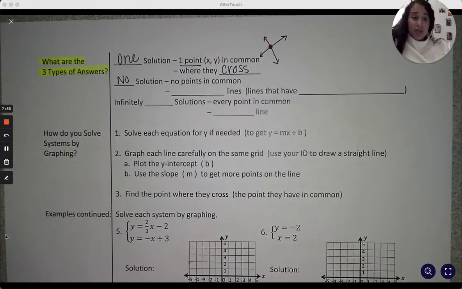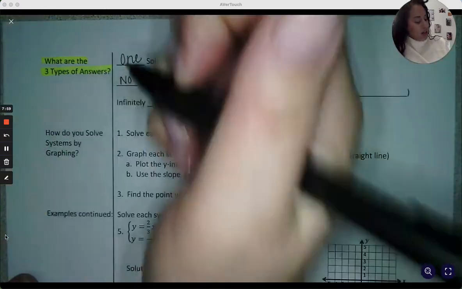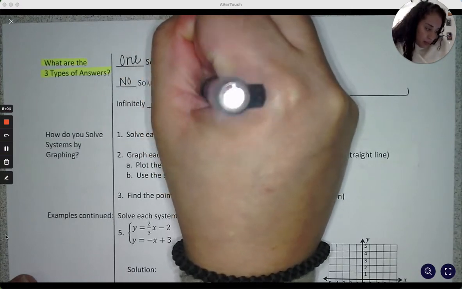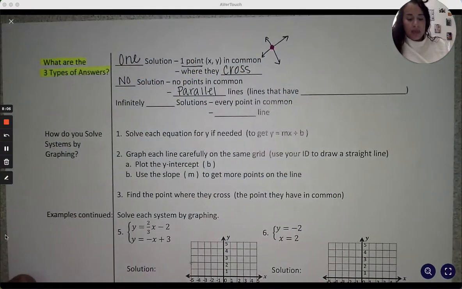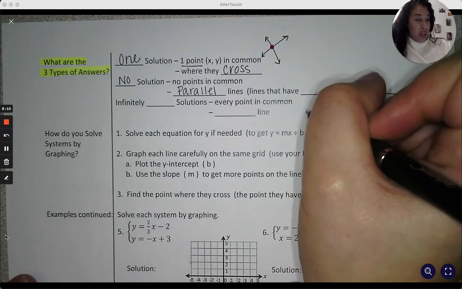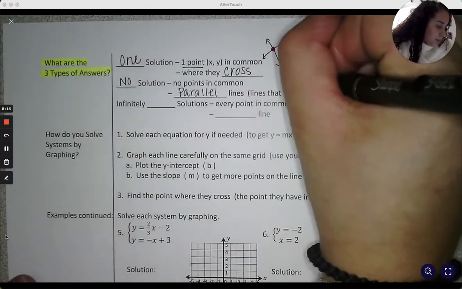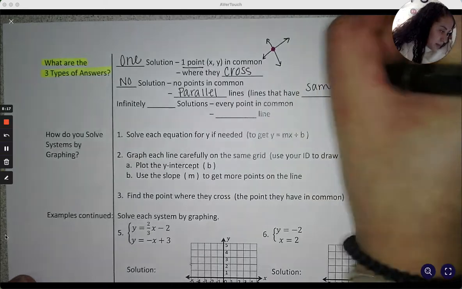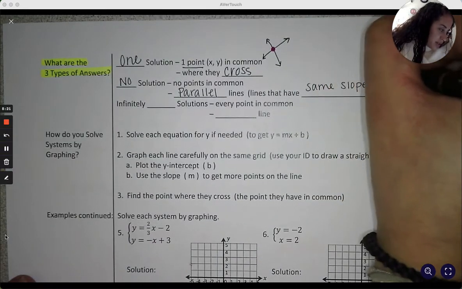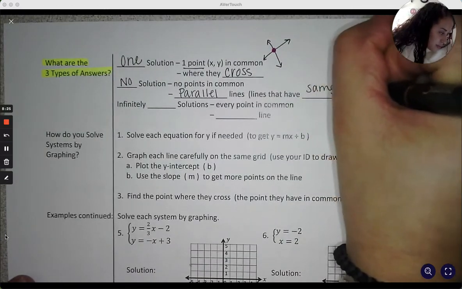You could have no solution, where there are no points in common. This means that those lines are parallel. So remember, and this might be from forever ago, but parallel lines have the same slope, but different y-intercepts.